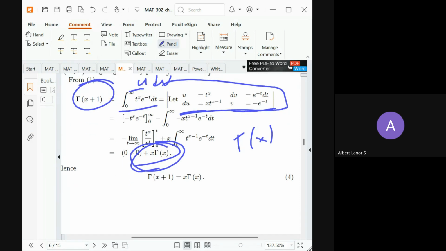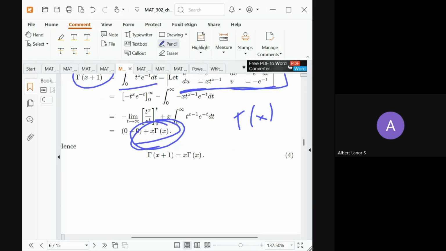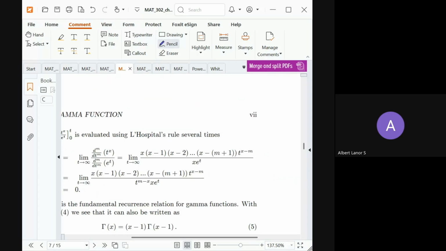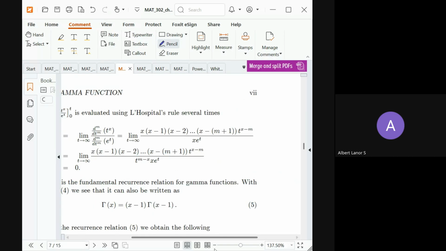Now, three things you need to know: that gamma of 1 is 1, we've proved it; gamma of half is root pi; then gamma of x plus 1 is equal to x gamma of x. All right.